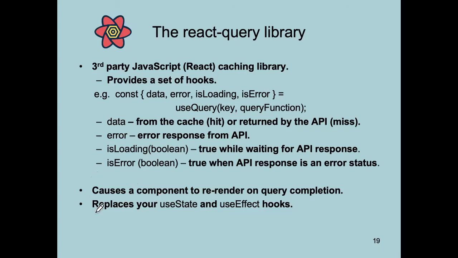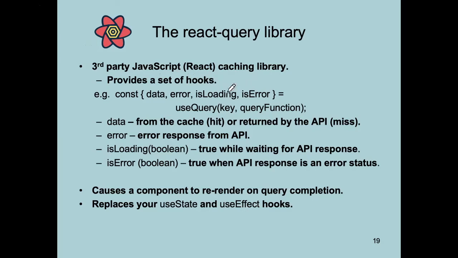But it originated as a solution for the React environment. And as do lots of modern third-party React libraries, the way we use it is just through hooks. So instead of those interfaces that I was talking about in the previous slide, there are nice convenient hooks available to us.